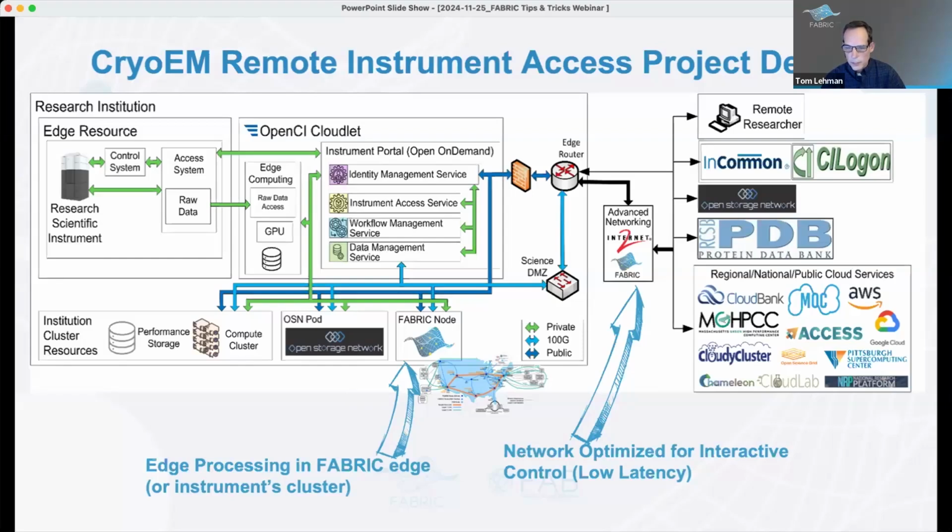In addition, as I tried to represent with the Fabric topology here in a smaller version, Rutgers is one of those universities that has very good connectivity to the rest of Fabric, with a dedicated 100 gig layer 1 connection from Rutgers through New York into Fabric, which actually lands on a node at New York, the Fabric terabit core at Manhattan Landing, for those familiar with that part of the topology.